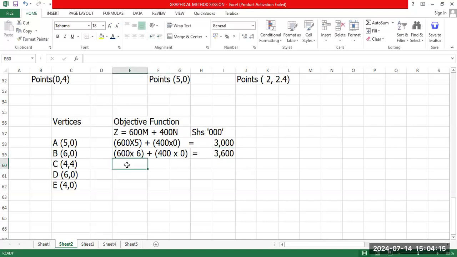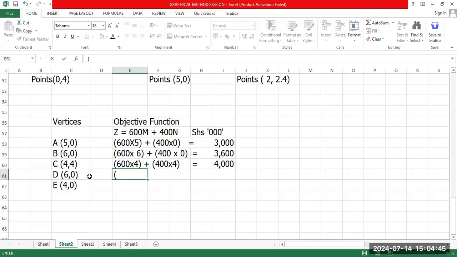Then you do the same for the others. Plus 400 times 4. What do you get here? It is 4,000. Then you do the same for the next.